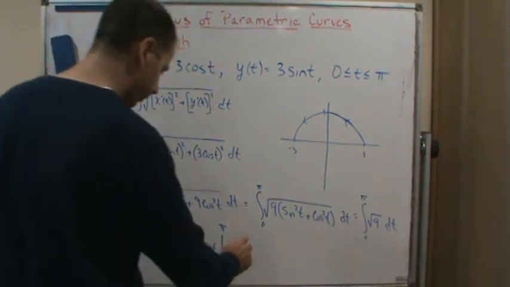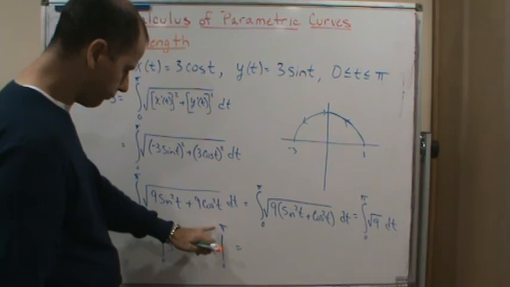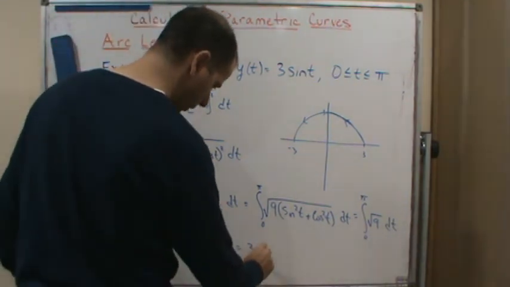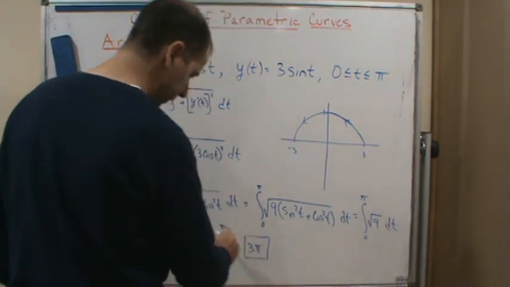And so, what do we get? Well, at 0, it's just 0. So this is just going to become 3 pi. 3 pi units.